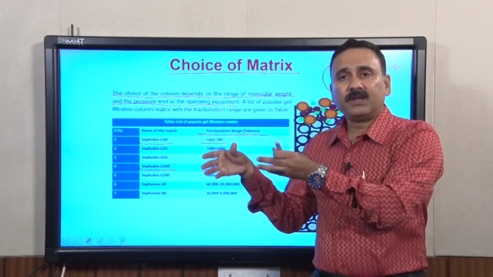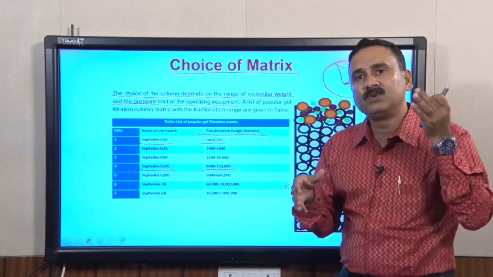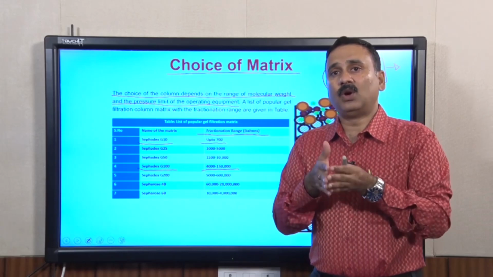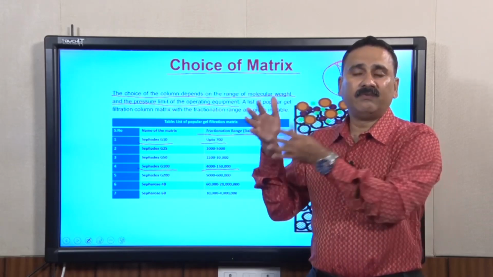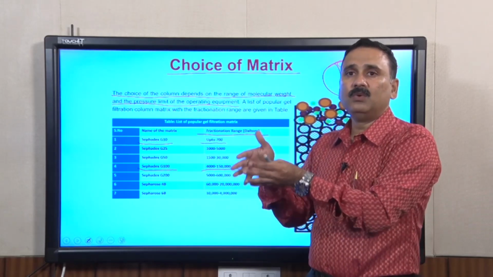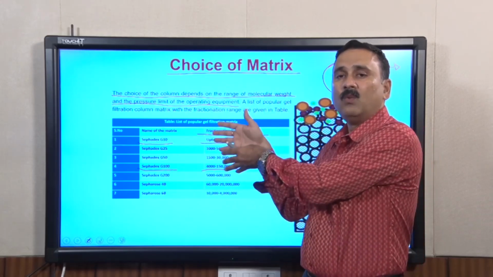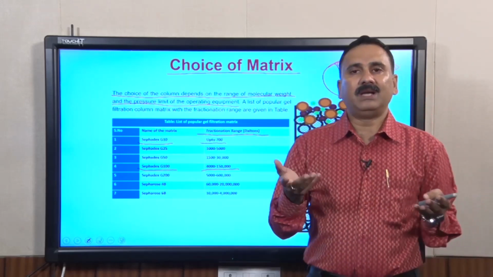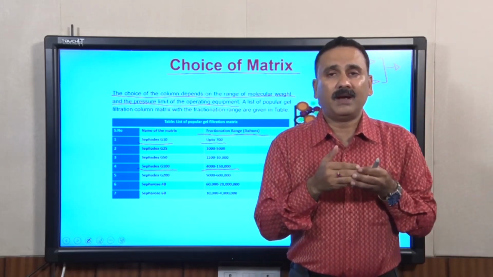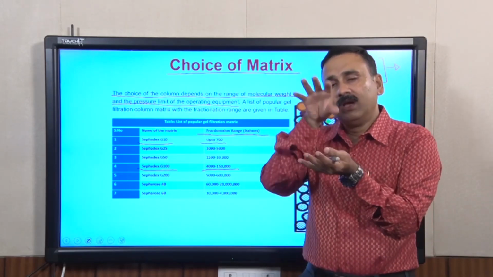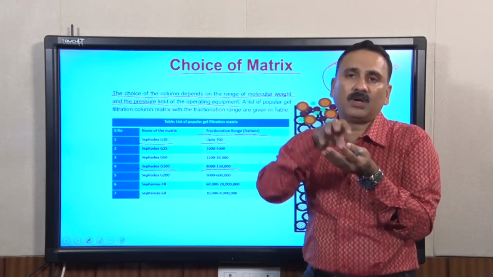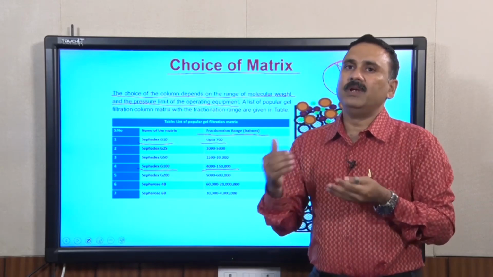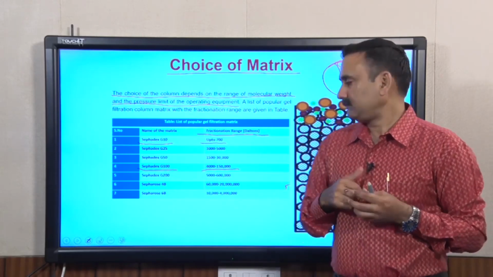But because the column has a fractionation range between 4 kDa and 150 kDa, it will resolve 120 to 150 kDa better than 150 to 180 kDa, because the pore size will not allow the 180 kDa to be resolved from the 150 kDa. So, both molecules will sit on top of each other, and when you elute, they are both going to come together.